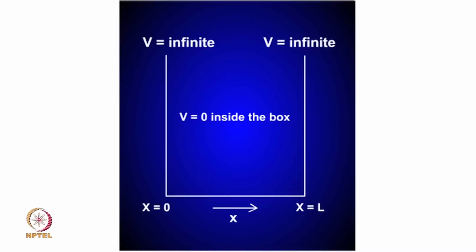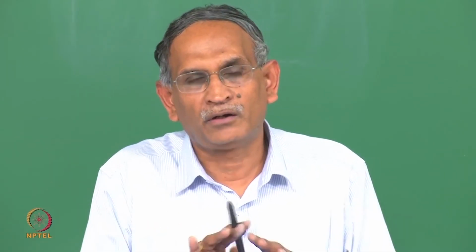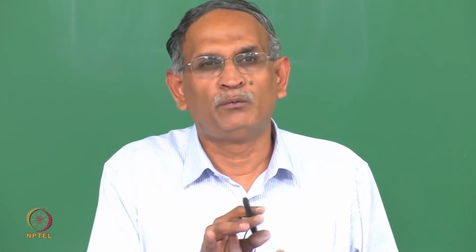I have a small drawing here that tells you that we have a particle in a finite region. The potentials are infinite at 2 points, namely points with x equal to 0 and the point x equal to L, meaning that the particle is confined to a region of a box of length L, and the particle motion or the particle coordinate is only one coordinate or one variable, namely x.